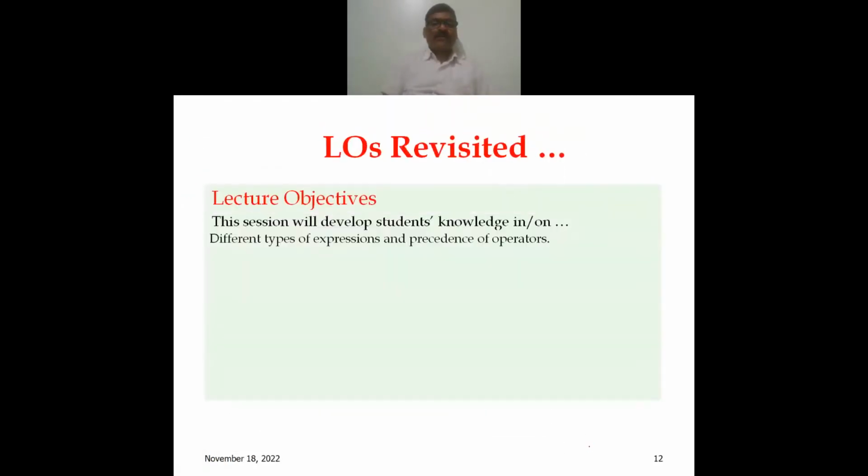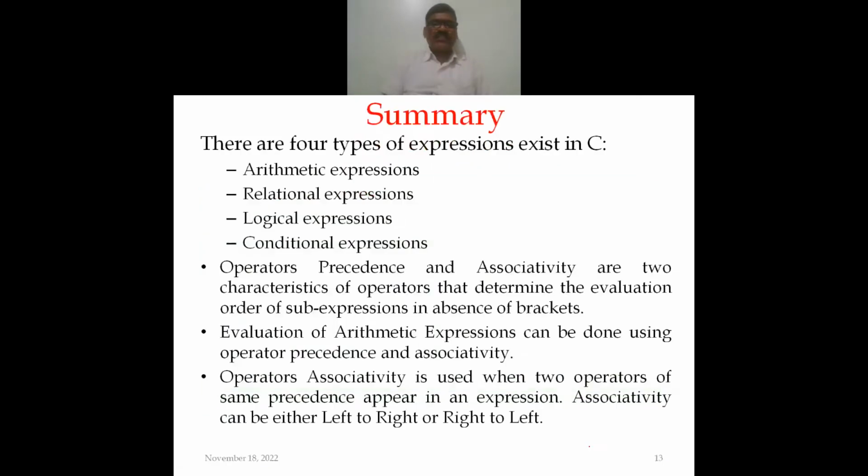Fine. So after this is what we call the objective. The learning outcomes are revisited here: different types of expressions and precedence of operators. We got this knowledge on these particular topics. Now the summary of the session: today we had a discussion on 4 different categories of expressions: arithmetic, relational, logical and conditional.